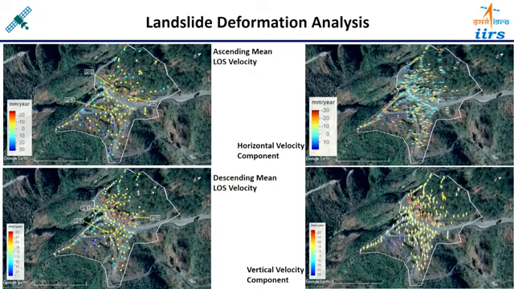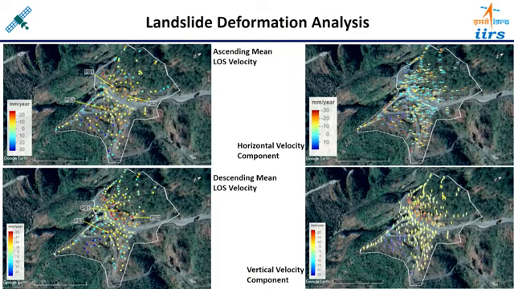Using both the ascending line of sight velocity and the descending line of sight velocity, horizontal and vertical components were also calculated. Whatever you have seen in the previous two equations, the products of those equations are here. This is the line of sight velocity V_LOS-A, the line of sight velocity from the ascending pass.